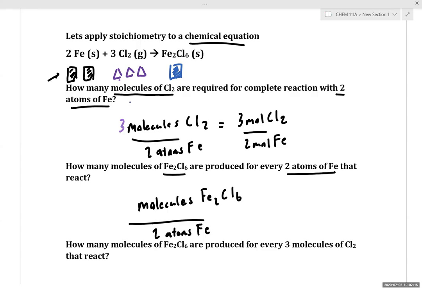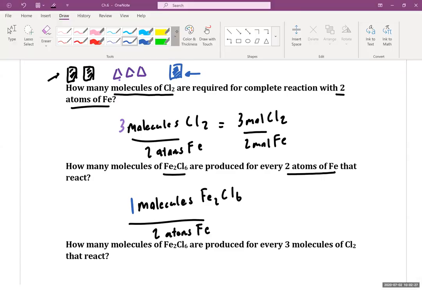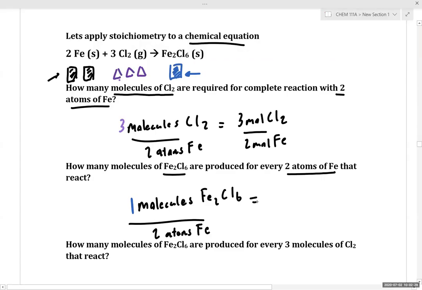Yep, so the ratio is 1 to 2. We get 1 molecule of product per every 2 atoms of iron that react. And again, we can write this atom to molecule ratio as a mole ratio. So we get 1 mole of product for every 2 moles of iron.